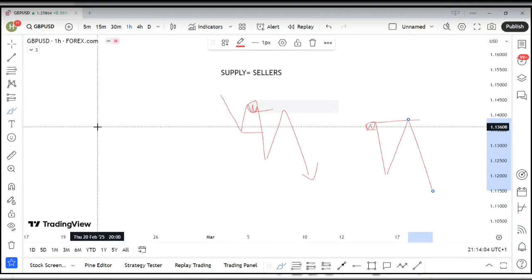So why did I say supply and demand is related to support and resistance? A support level is a price zone where there is a strong demand zone, right? It's a strong zone.